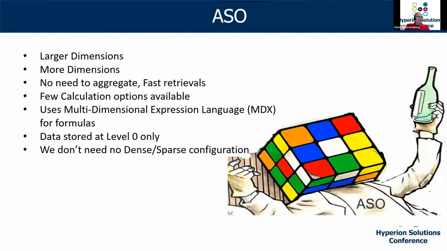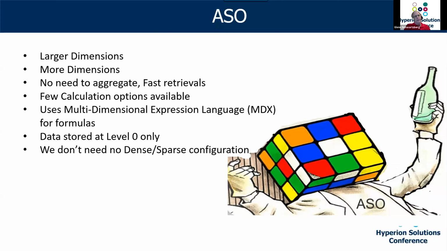There's a lot of differences in the different flavors of MDX now. Data can only be stored at level 0 members. So we can't store data at upper level members because we're always going to be aggregating up those bottom level members and getting results from them. And we don't need to worry about dense sparse configuration.